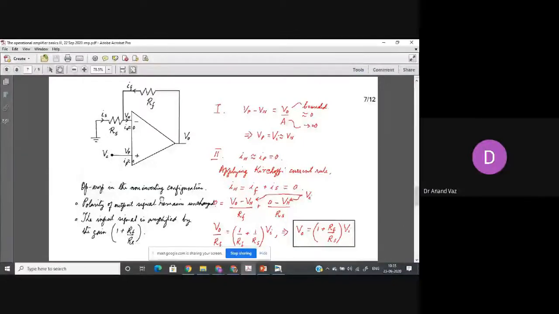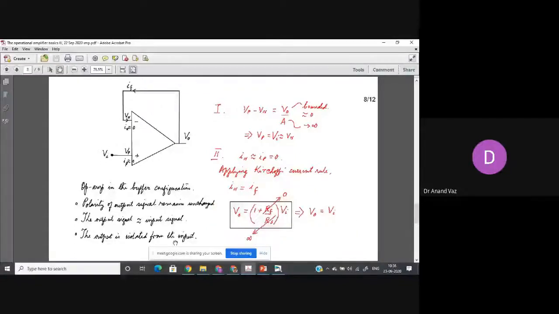This non-inverting configuration could retain the same polarity as the original input signal, but it could amplify the gain by 1 plus RF by RS, this gain multiplier.